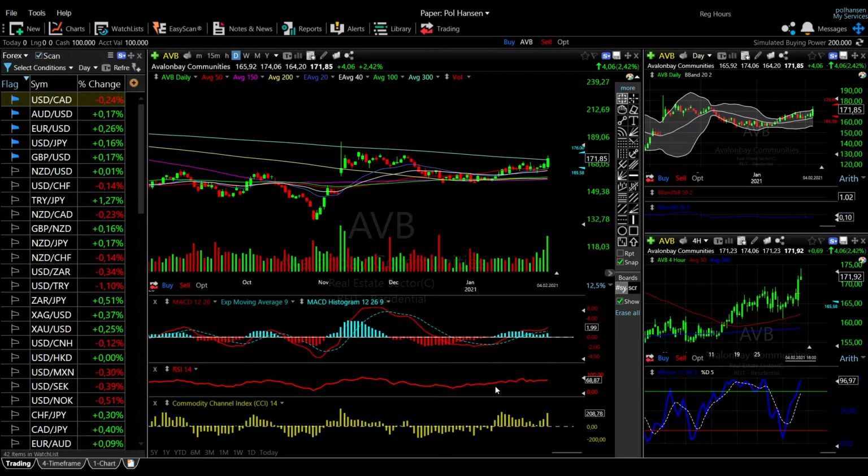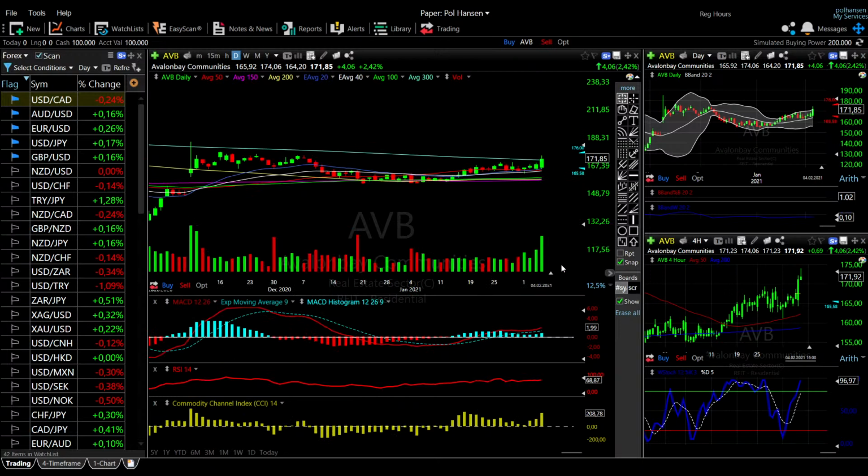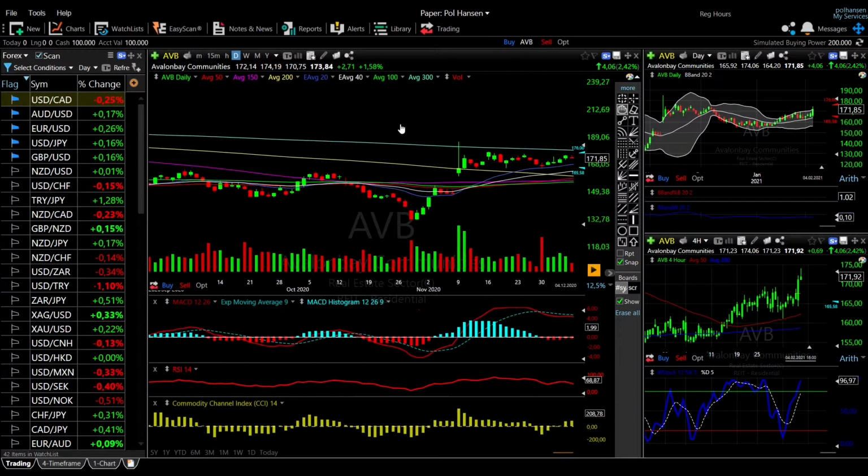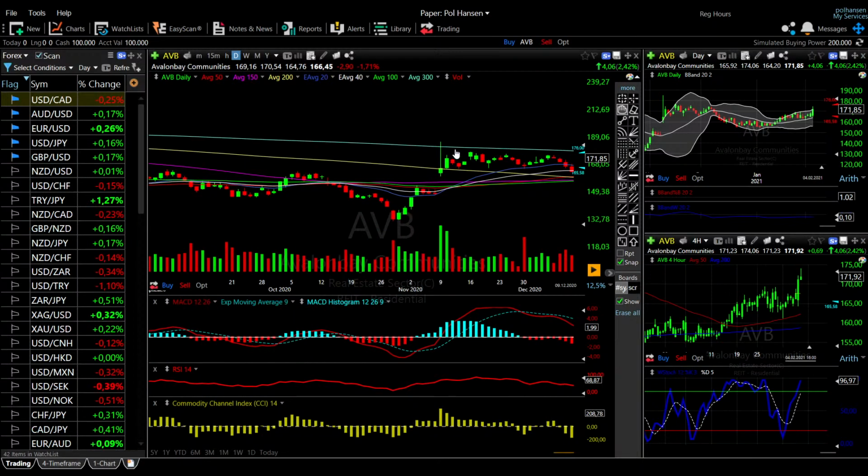But the slope of this line indicates whether we are in an uptrend or a downtrend. You can look at previous price action. If you go back here, this is just a completely random stock that I picked.